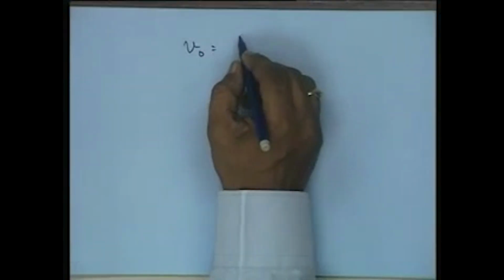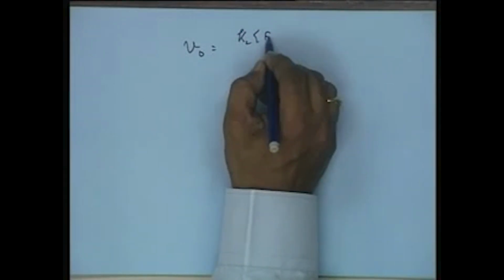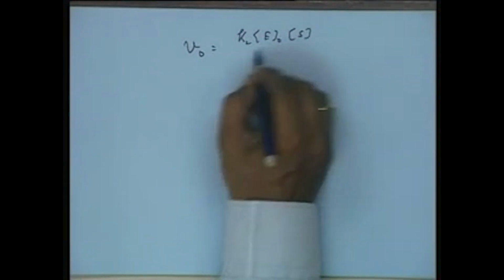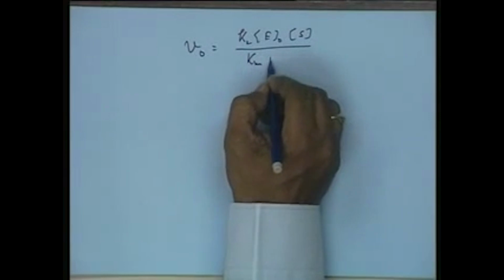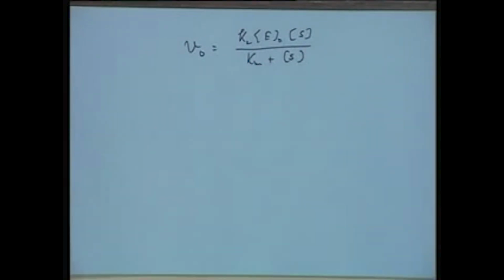Now, this kind of kinetics, let us say V0 is equal to K2 E0 into S upon Km plus S. I think you will also notice a very significant trend.